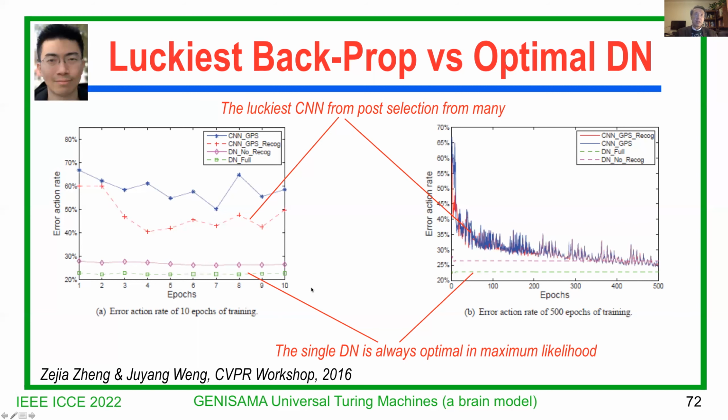Then he continued: this is the 10 epochs, so let's do 10, 20, 30, and 100, 200, 300, 400. Even at 500 it is still much higher than our network. This is the luckiest network. So you can see that our network is much, much better. The first epoch already reached the minimum, while at 500 epochs the luckiest network did not really reach the minimum.